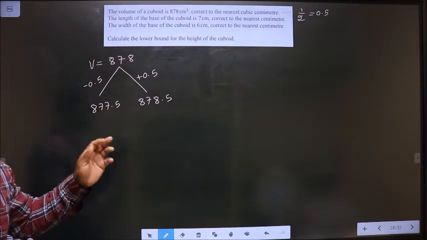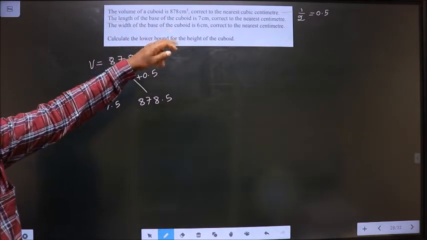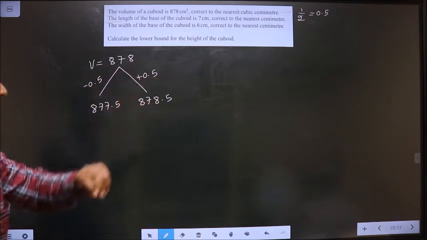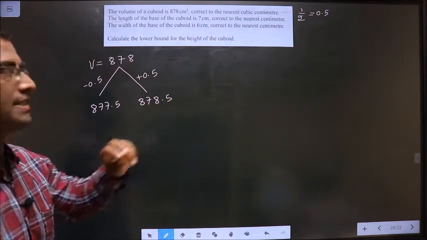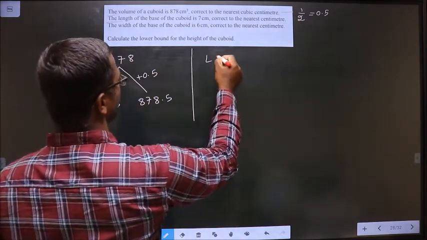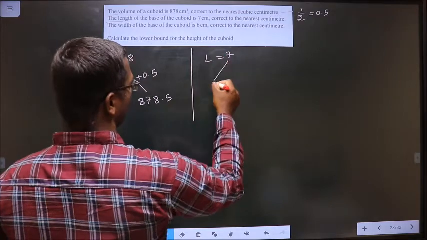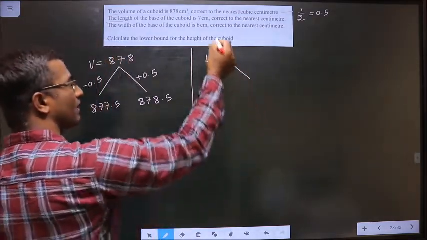Clear? Next. The length of the base of the cuboid is 7 centimeter, correct to the nearest centimeter. So now let us write lower and upper bound for 7 centimeter. So length is 7. Now what should I subtract and add to get lower and upper bound?